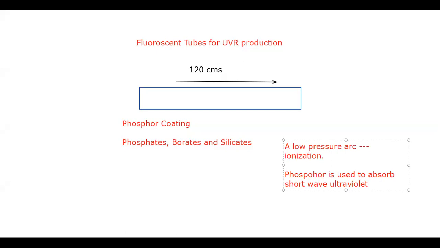Clear? So this is the reason why we are using fluorescent tubes. Accurate control of emitted wavelength is also possible depending upon the type of phosphor coating. तो जितना अपना phosphor coating होगा, based on that our fluorescent tubes' emission is based on. Okay, so generally these are the three types of our UVR productions.